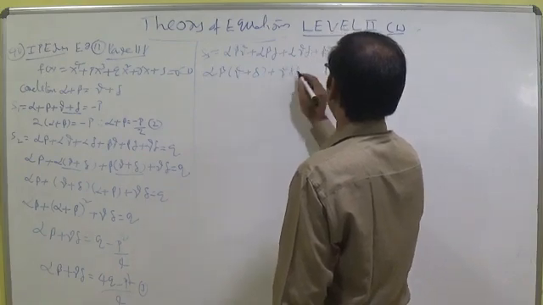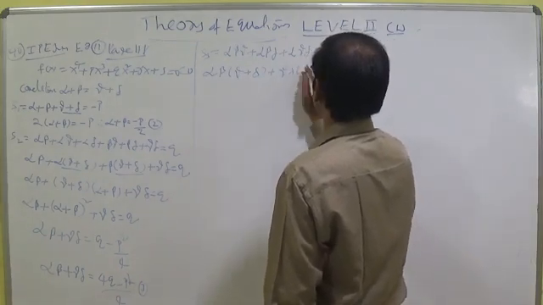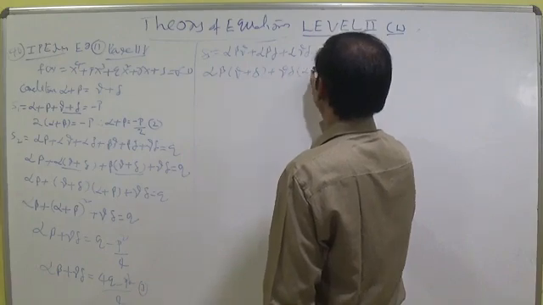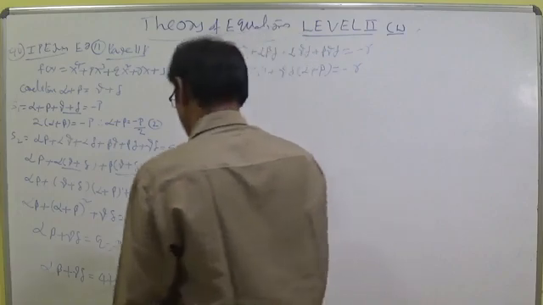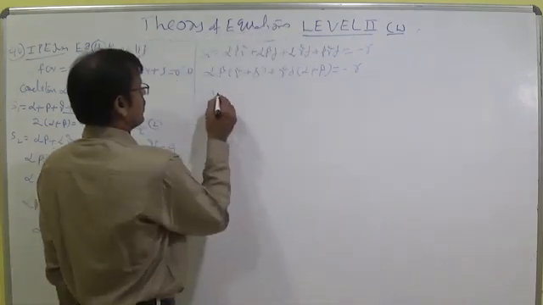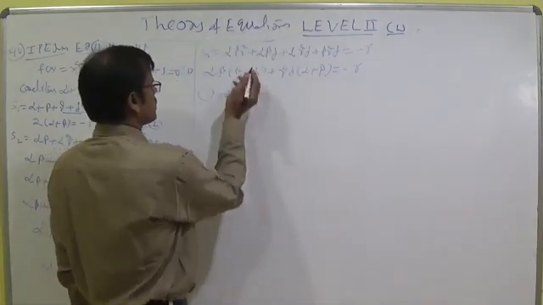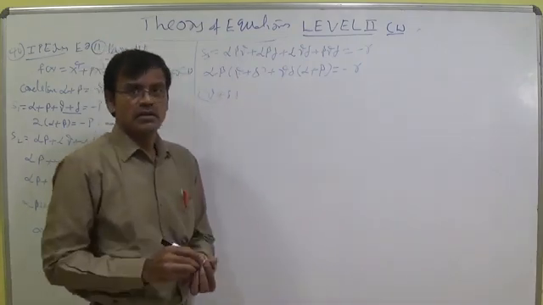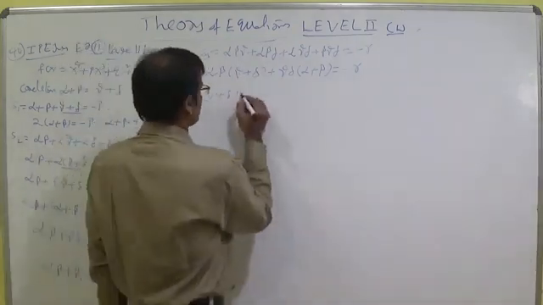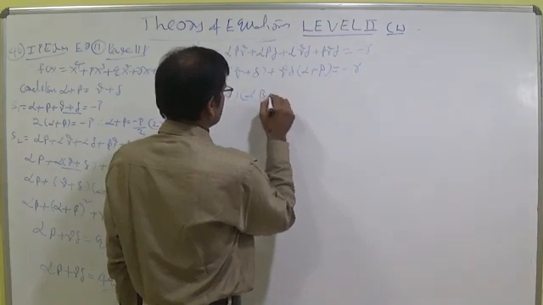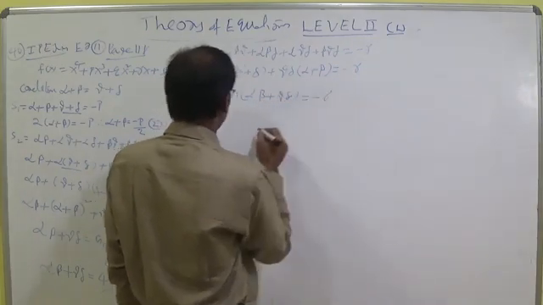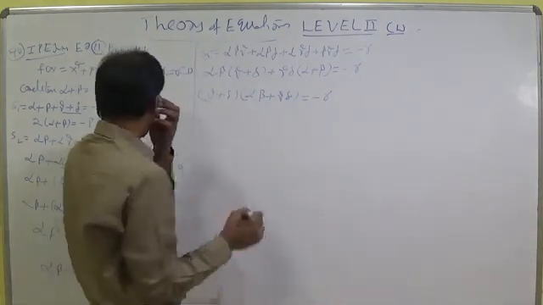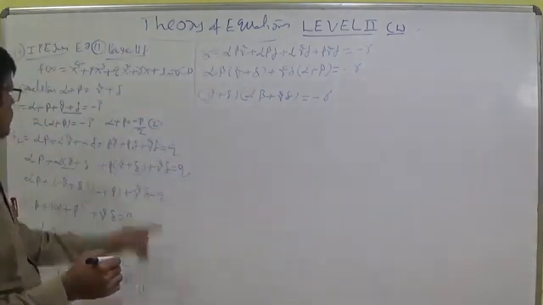You take here gamma delta as a common, within the brackets it becomes alpha plus beta, that is equal to minus R. Now once again gamma plus delta you can take common here. Whenever you have taken common, within the brackets you can write alpha beta plus gamma delta is equal to minus R. So gamma plus delta is nothing but alpha plus beta.